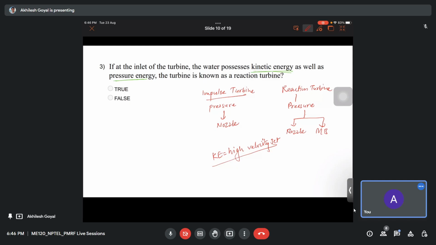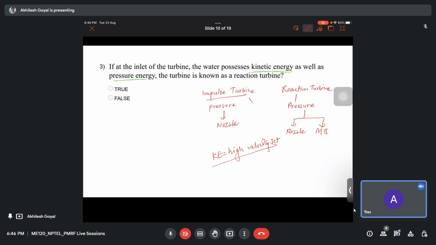So in the case of impulse turbine, there would be no pressure energy at the inlet of the turbine. But in the case of reaction turbine, the pressure drops partially in the nozzle and partially in the moving blade. So at the inlet there should be some pressure as well as kinetic energy.